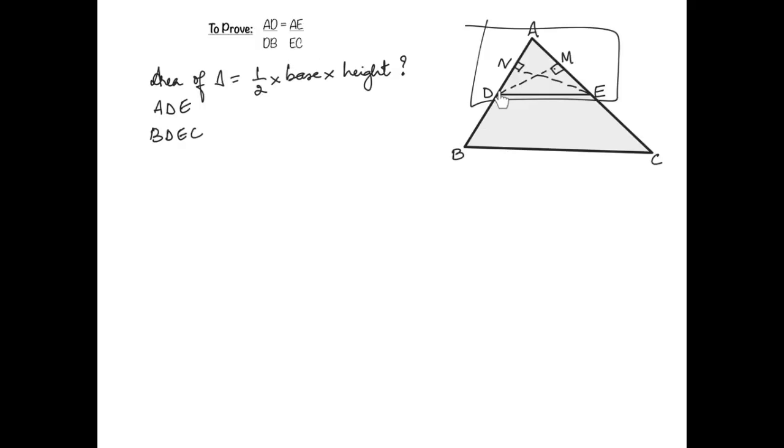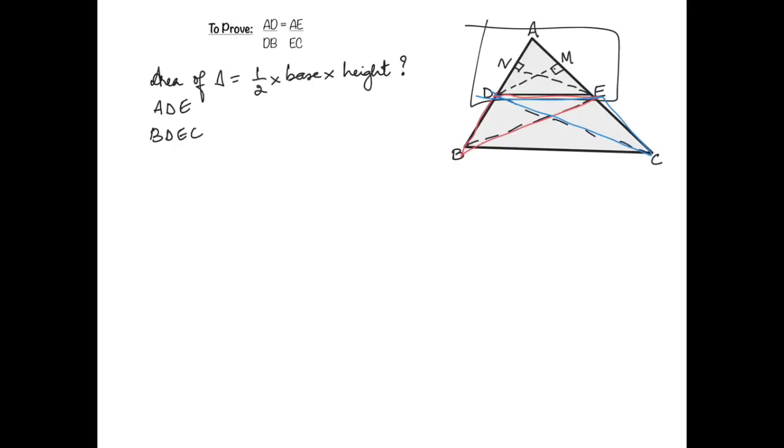So we have to make DB and EC a part of a triangle, or rather make them the base of a triangle, because we have already drawn the perpendiculars. So what we can do is join BE and join DC. Now we have the triangle BDE and the triangle DEC, right?